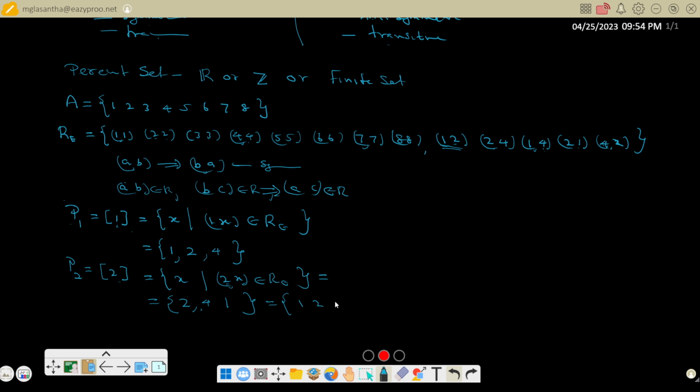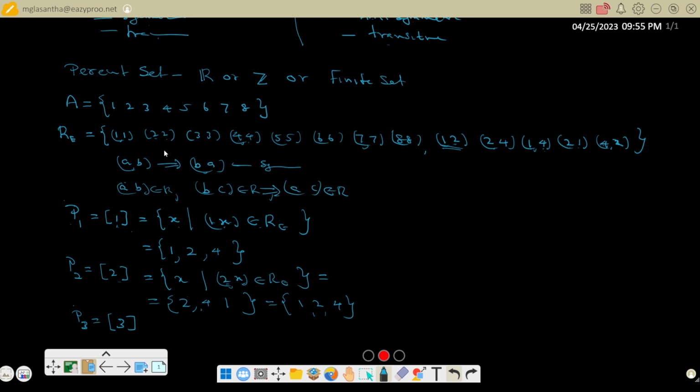Okay. Then sir, are [1] and [2] completely different? [1] means if (1,x) belongs to R, x is taken to this set. Very simple.